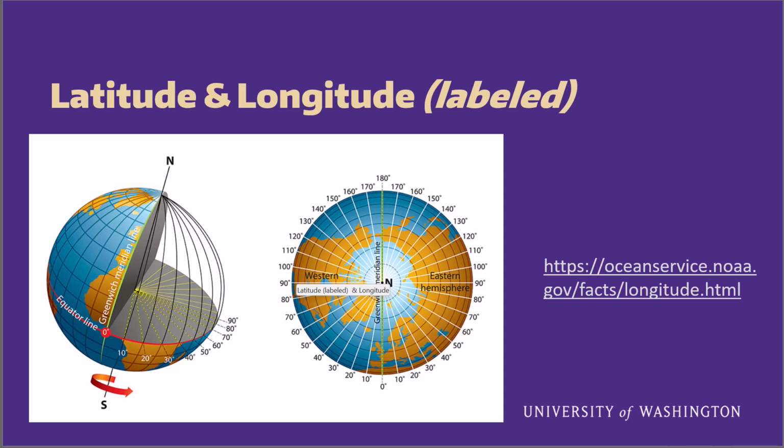In this slide, there's latitude and longitude again. However, in this case, the longitude is labeled. And as you can see in the image on the right, it's 180 degrees going around the globe, going from north to south, either direction, depending on which hemisphere you're in. On the right, it's going from the northern hemisphere down to the southern hemisphere.